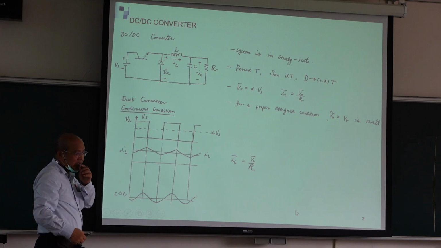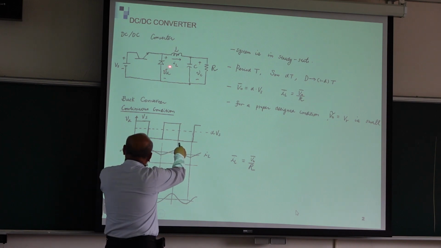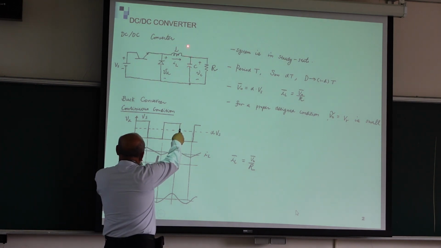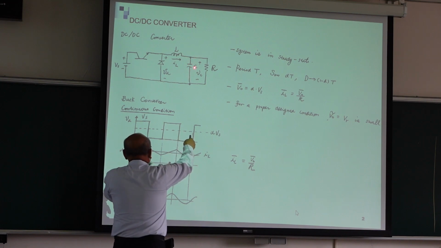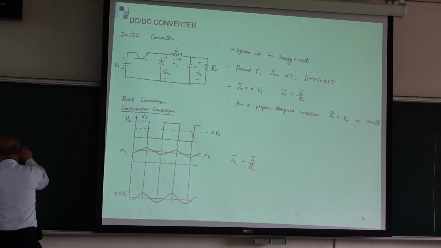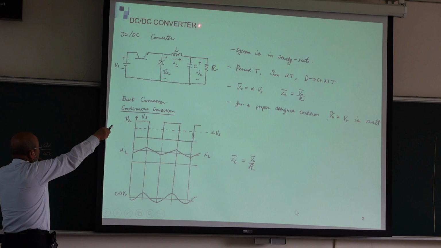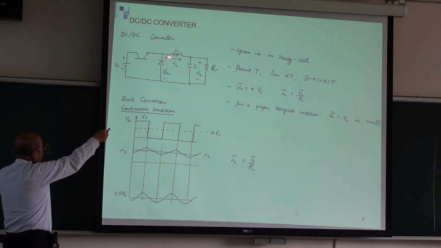Can we remove the inductor? If you remove the inductor, then here you have a huge voltage change. If there is a huge voltage change, then what is your capacitor current? Because you have PWM here, you remove the inductor, you put a line.